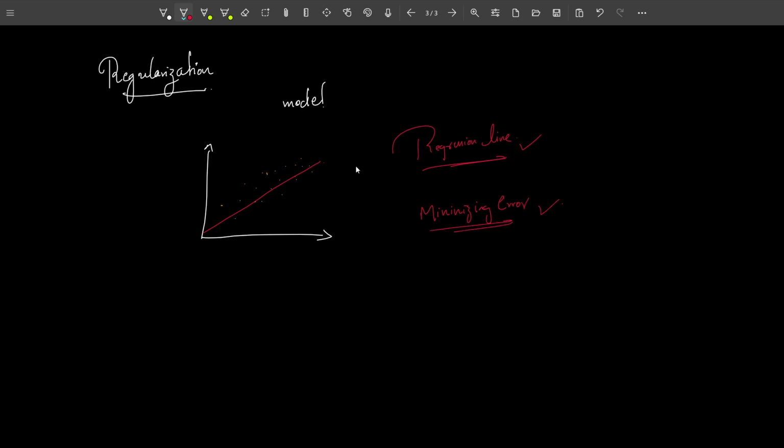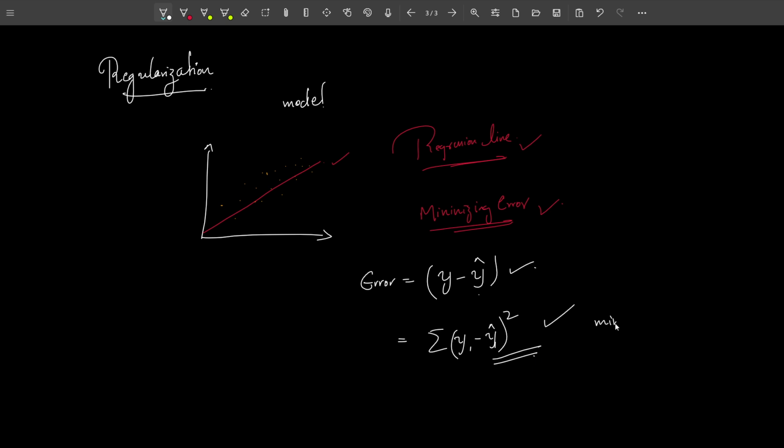For a regression line, especially linear regression, the error is equal to y minus y cap, right? So this is the error, and the expression we minimize is root mean square error or mean square error, MSE, that is summation of yi minus yi cap square.